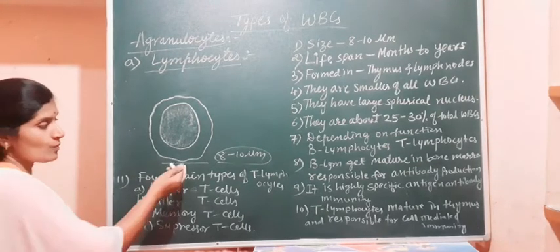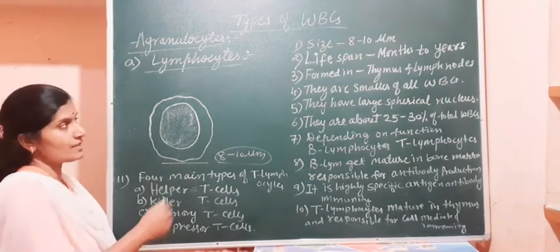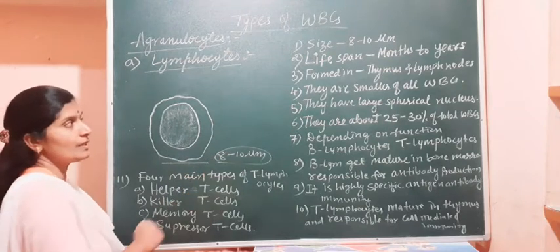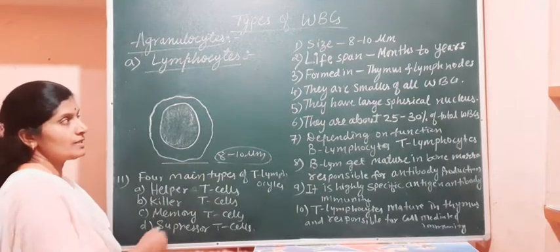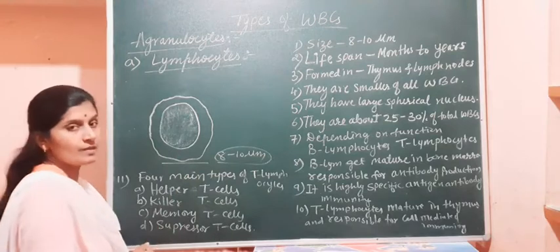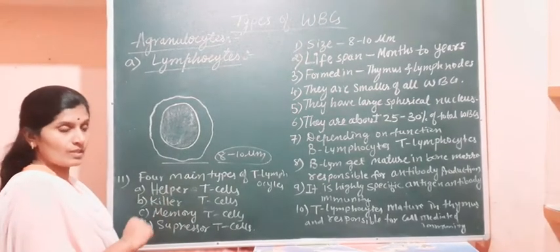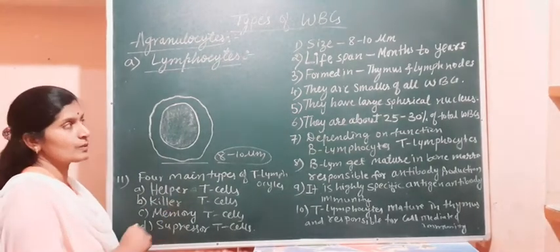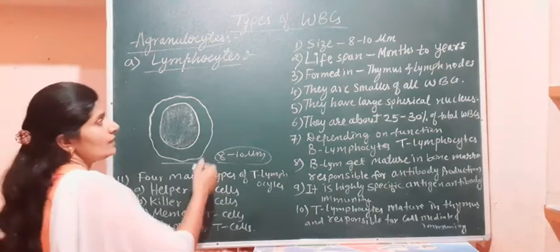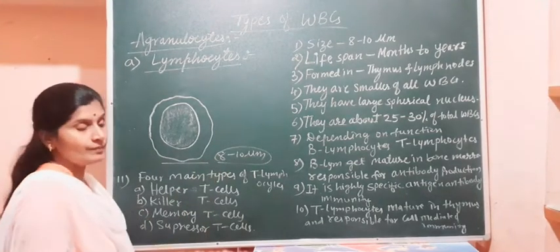They are too small compared to the other cells, 8 to 10 micrometer, and the lifespan is months to years, meaning they can survive up to many months or even years.